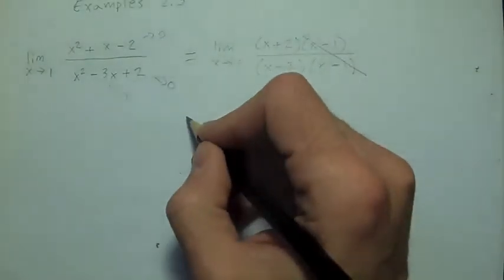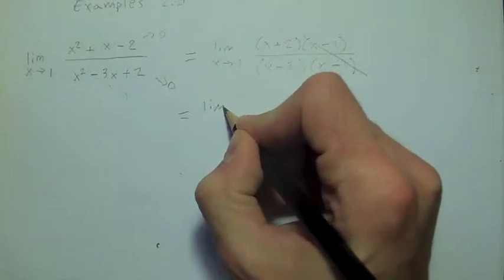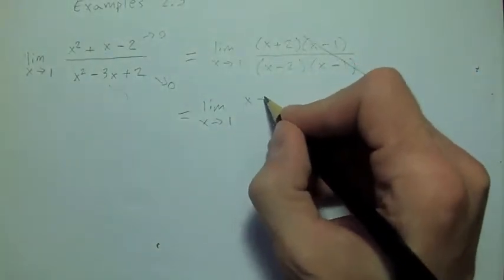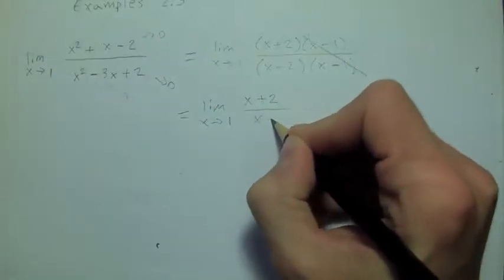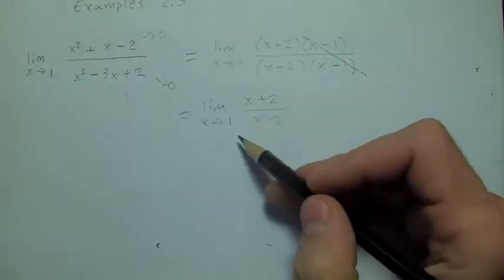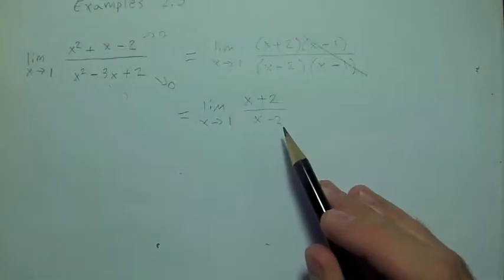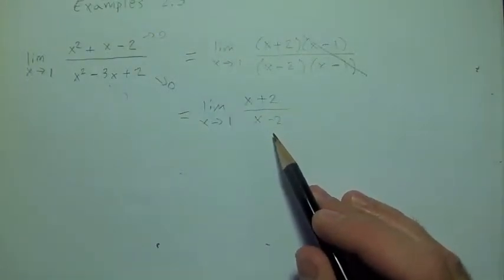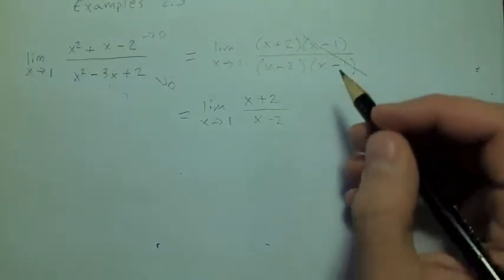Then just rewriting this, it's basically the limit as x goes to 1 of x plus 2 over x minus 2. And now I should be able to just plug 1 in, because when I plug 1 into the denominator, I get negative 1 down there. That's not equal to 0, so we can just plug and chug.